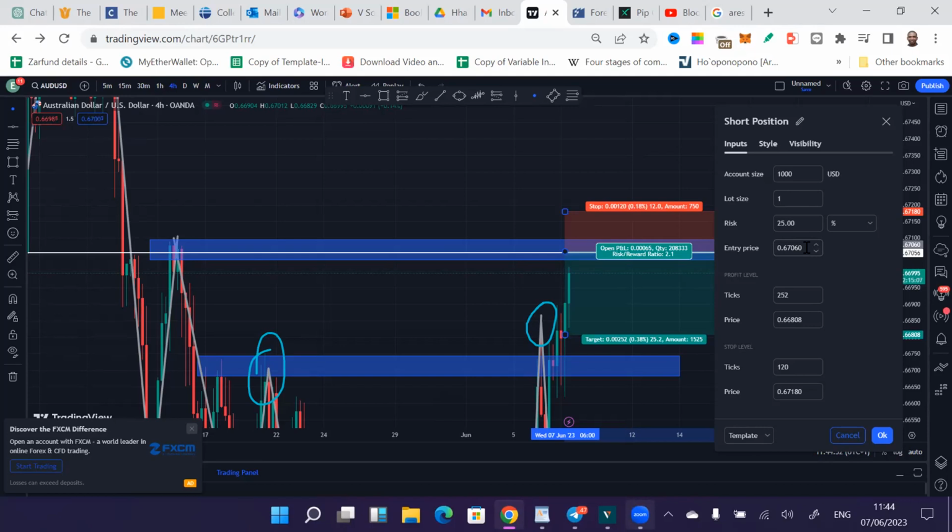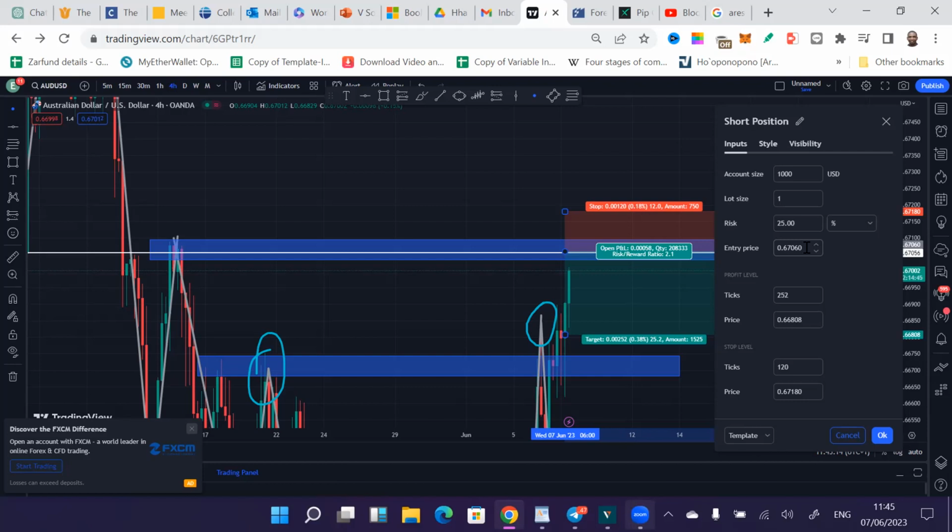I thought we'd wait for price to get there, then we enter, but we can just set it and wait. Instead of waiting for price to get there, we might still be talking and then we'll miss it. So let's set a sell limit now.